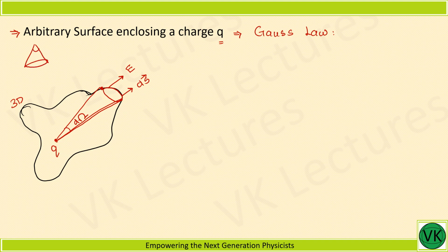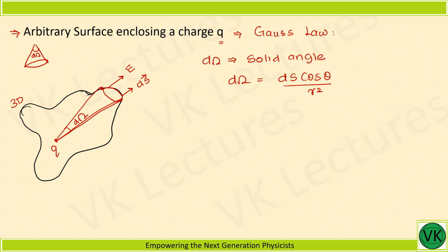So this angle is nothing but d omega in a three-dimensional figure instead of a triangle. So d omega, which is the solid angle, can be written as d omega equal to ds cos theta by r squared.